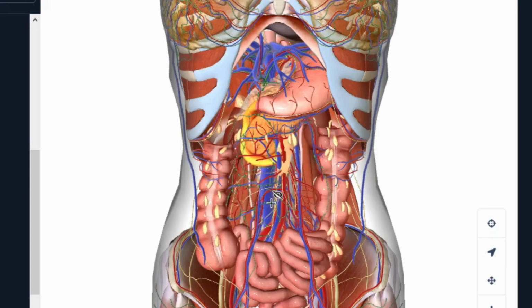We are removing the coils of jejunum again to approach the other parts. Here you can make out this is the duodenum, the whole highlighted part. The first part extends from the pyloric part of the stomach to the superior duodenal flexure, and from the superior duodenal flexure to the inferior duodenal flexure we have the second part.